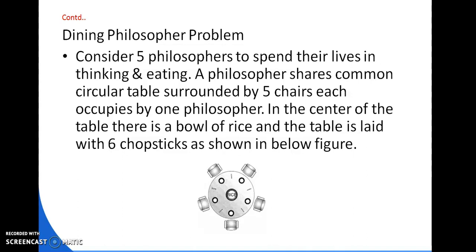This is also the mutual exclusion principle, because when one philosopher uses the chopsticks for eating, the other philosophers must wait until that philosopher finishes eating. So that is the dining philosophers problem in synchronization, right?